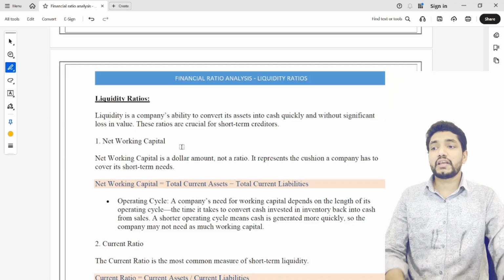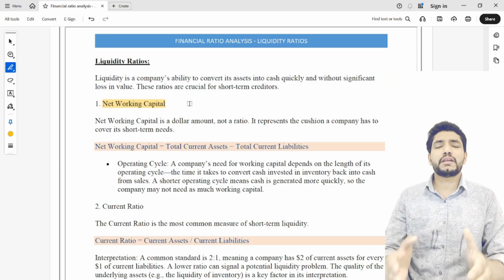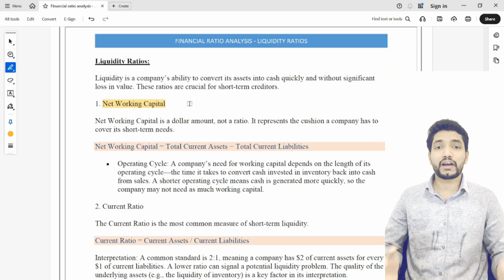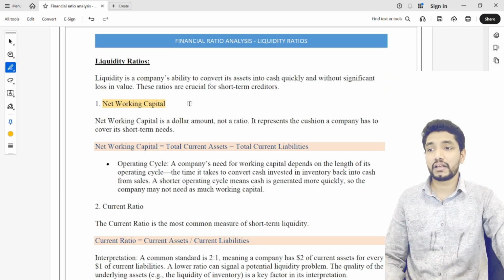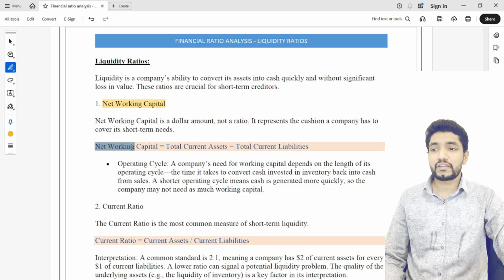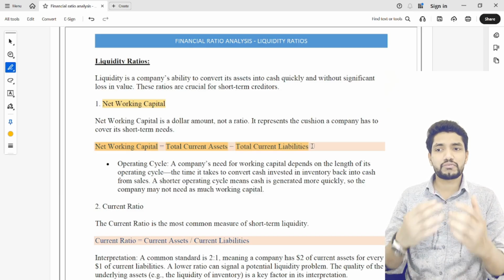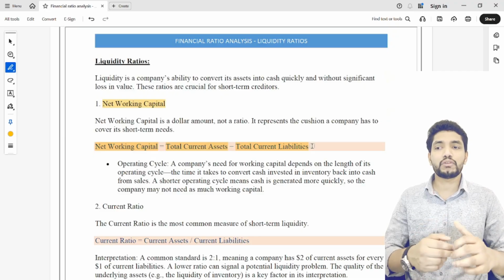The first measure is net working capital. Net working capital means how much money the company has invested to fund its working capital. It is the difference between total current assets and total current liabilities, so you can get it by subtracting total current liabilities from total current assets.